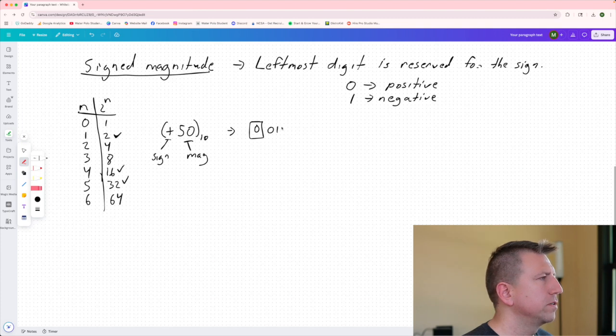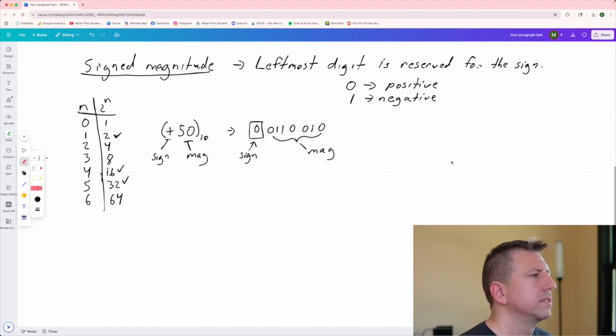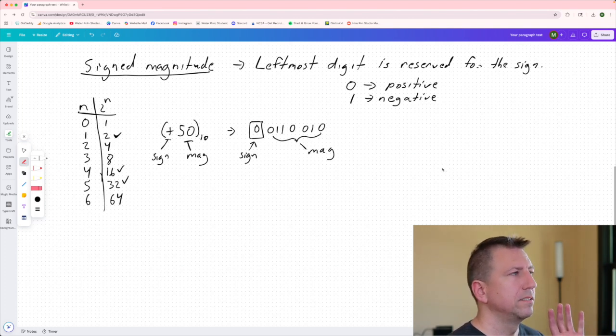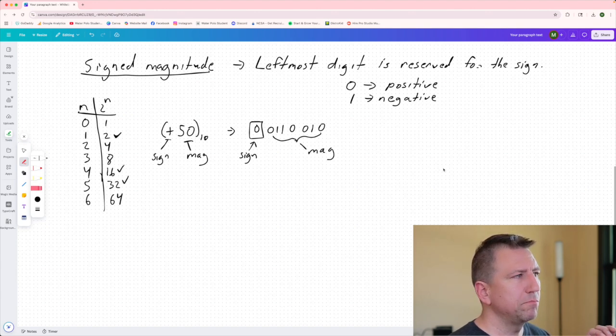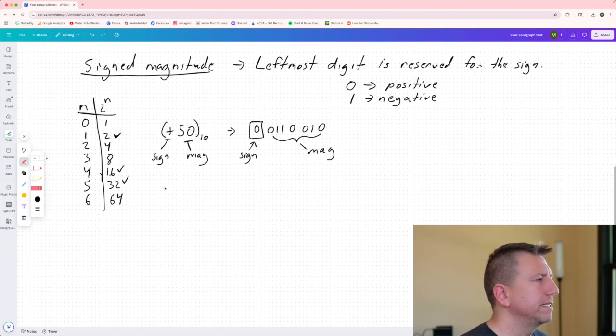So I have 0, 1, 1, 0, 0, 1, 0. And so here is our sign, and then the rest of these is our magnitude. Okay, so that's how we would represent a signed magnitude positive 50 8-bit binary number. What about negative 50?